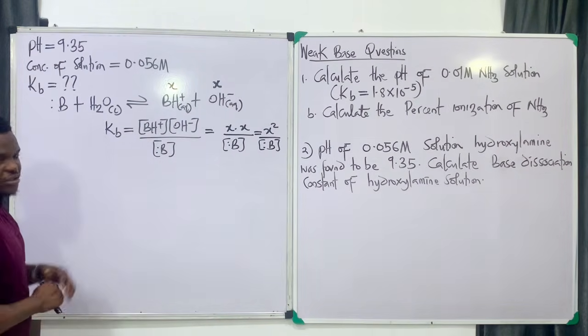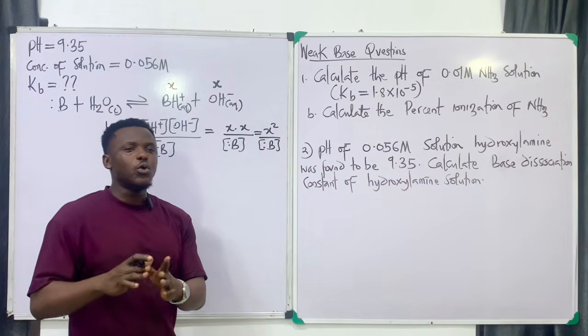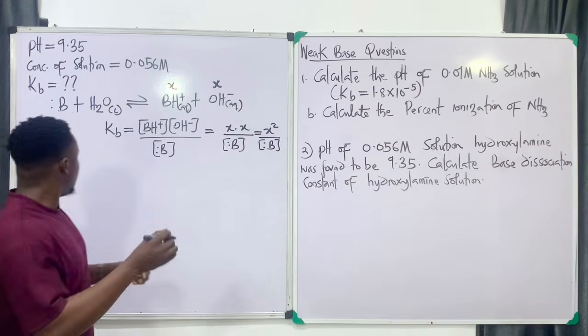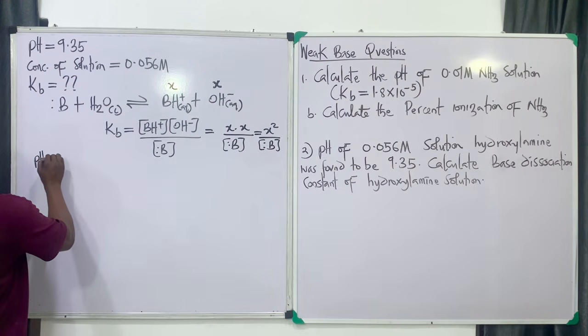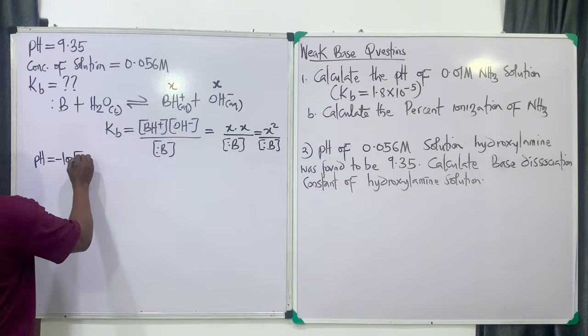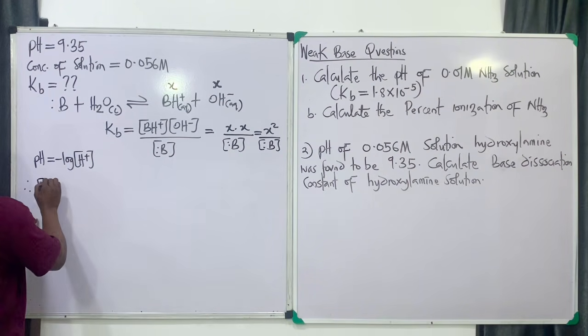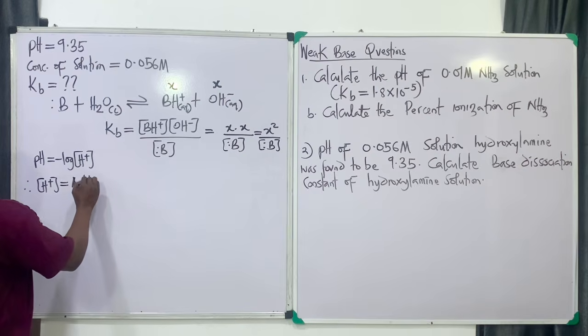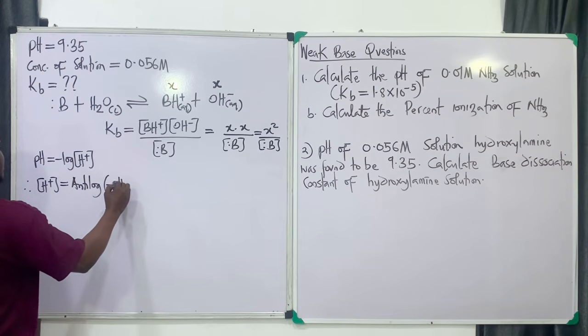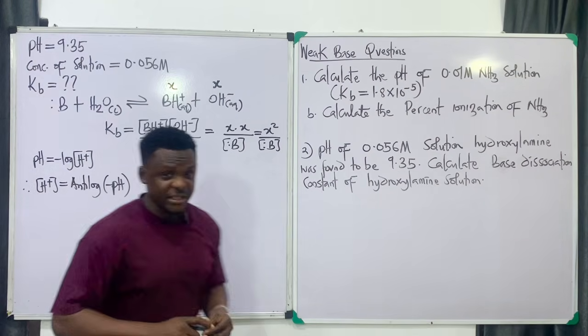Now this is what we're going to do. They gave us pH. Remember, if pH is known, you can get the value of H plus. From pH equals negative log of H plus, you can actually get your H plus from the anti-log of minus pH. I told us this.